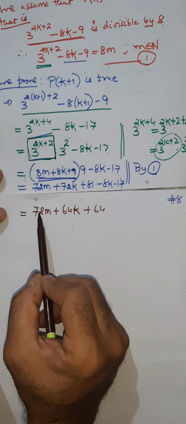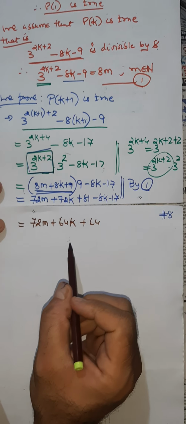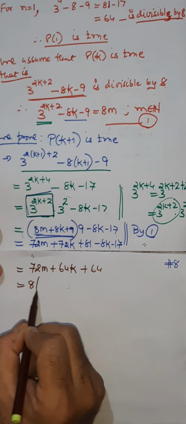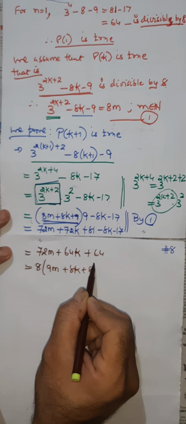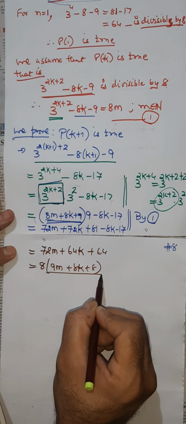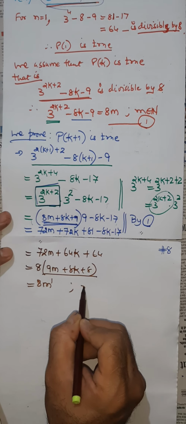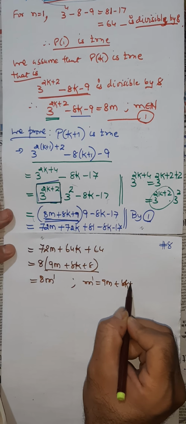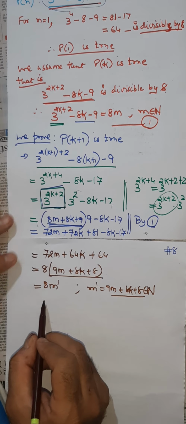So 72, this is 64, and this is again 64. So you can take 8 common here. So 9m plus 8k plus 8. You can call this m dash. So 8 into m dash, where m dash is this 9m plus 8k plus 8, which is a natural number, whatever it is, but it would be an integer.